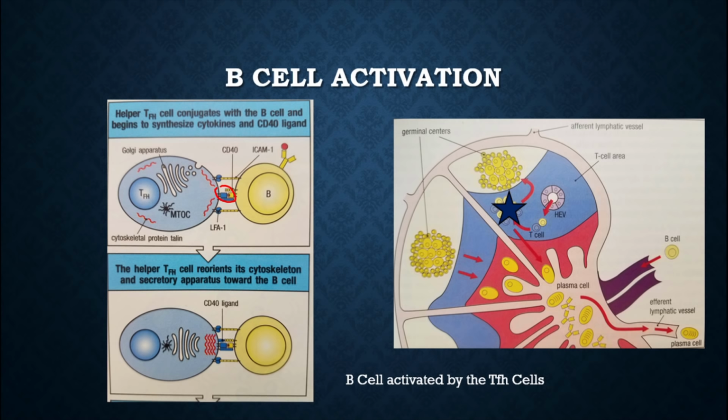Yes? And in terms of interacting and finding a T cell, is it any T cell that recognizes the MHC2, or is it that specific antigen? It's any T cell that recognizes the specific antigen that the B cell is presenting.